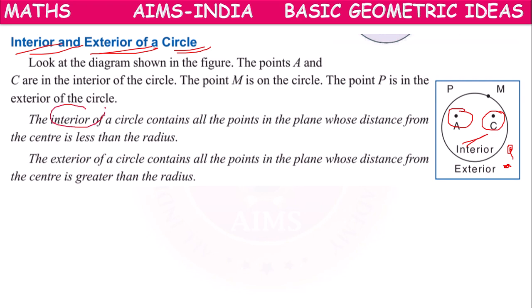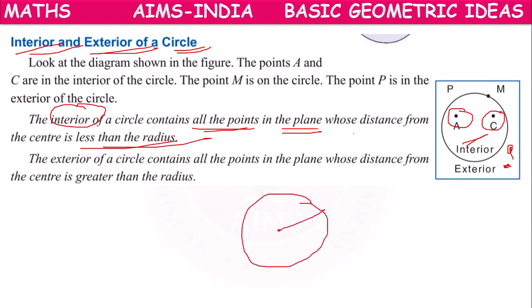The interior part contains all the points in the plane whose distance from the center is less than the radius. If the distance is equal to the radius, they lie on the circle, the boundary. If the distance is less than the radius, they lie inside the circle. If the distance is more than the radius, they lie outside the circle.